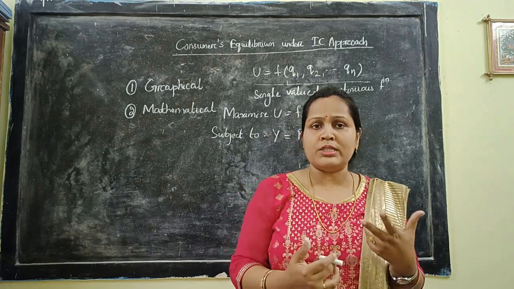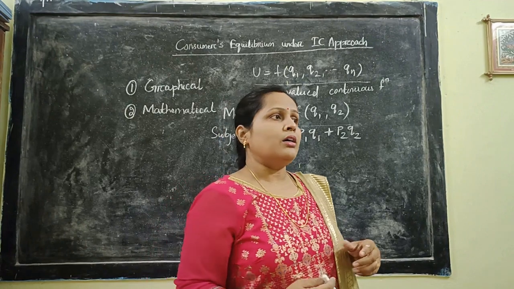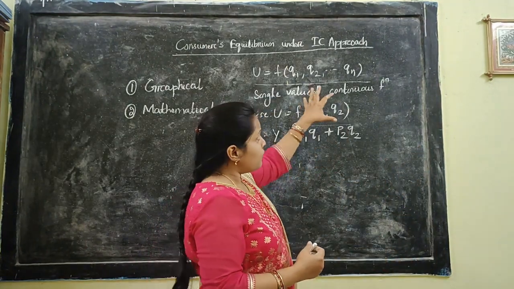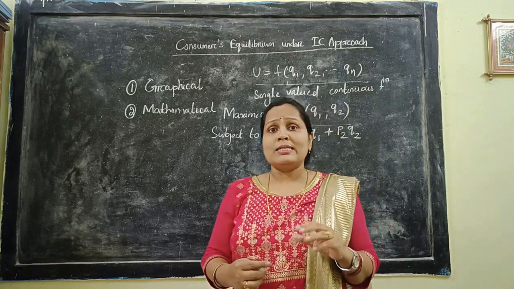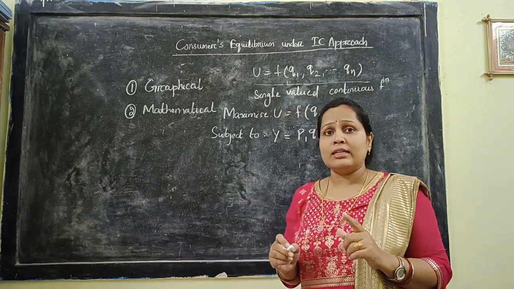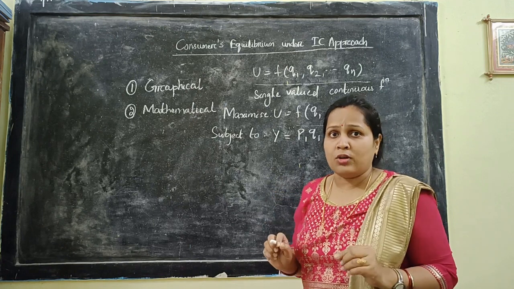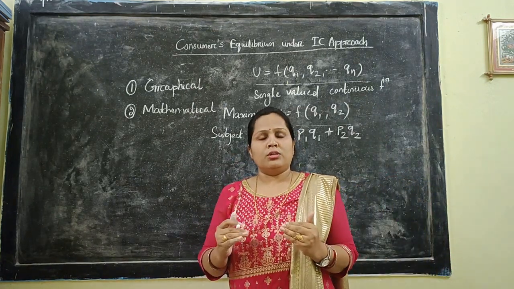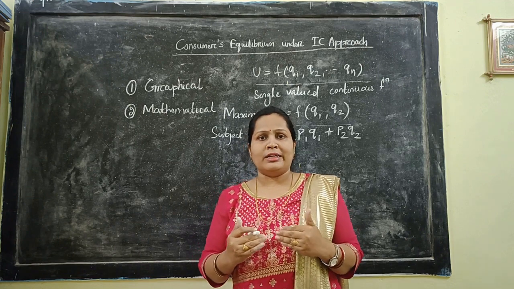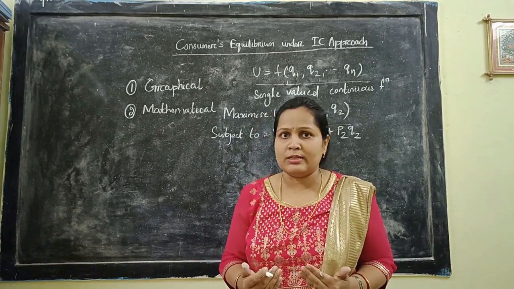There are many schools of thought in this regard, starting from Marshall. The indifference curve approach basically says that utility is measurable in ordinal terms. That means we can order the levels of utility that we get from the consumption of the commodities.